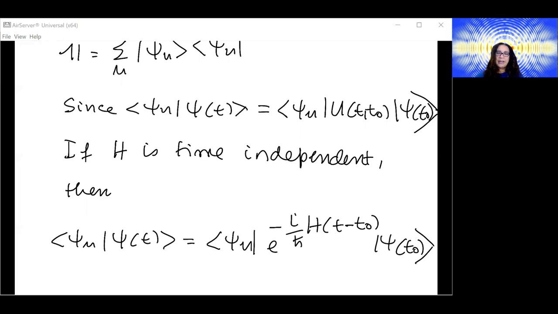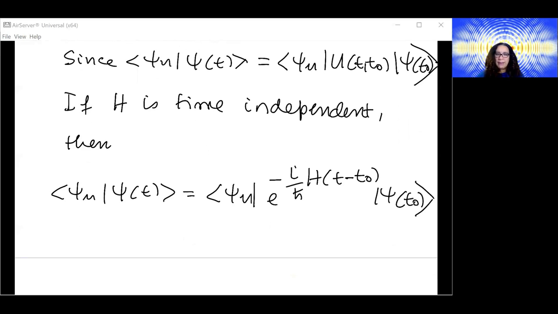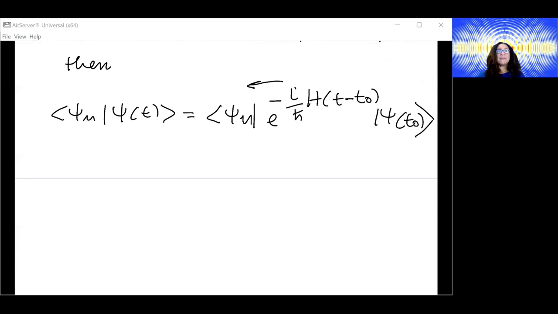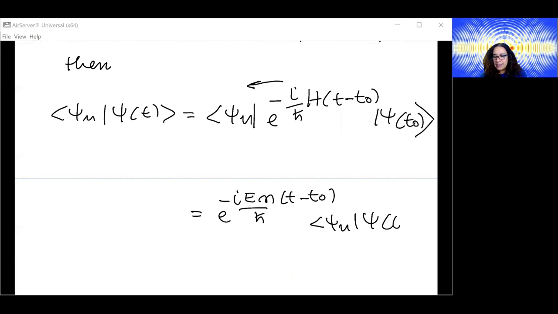So what I have done here is I applied the expression that we have derived, and I'm evolving this from t0 to t, considering our Hamiltonian to be time independent. Now we can apply this to the left, right? And if we do that, we get e^{-i En (t-t0)/ħ} ⟨ψn|ψ(t0)⟩.